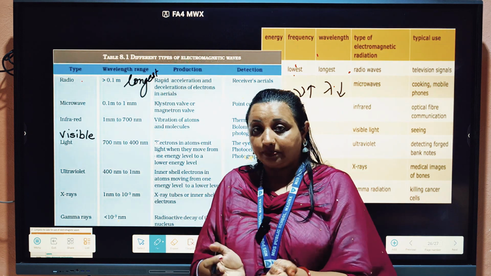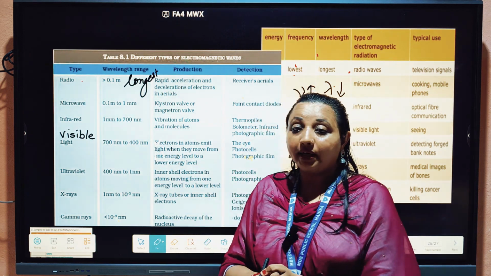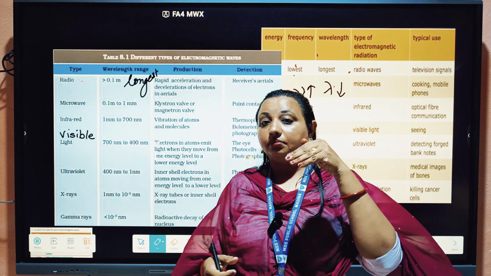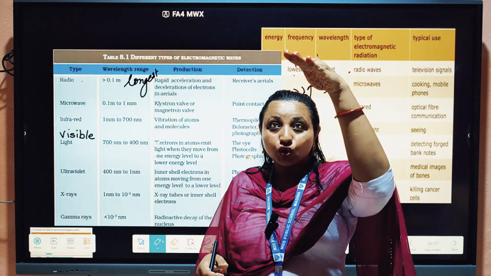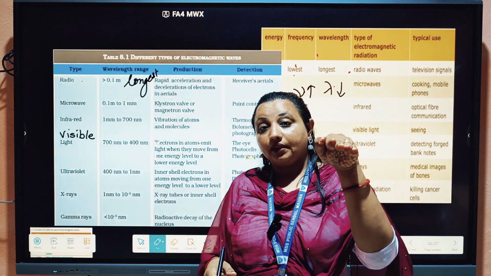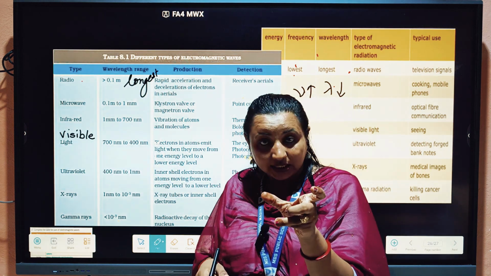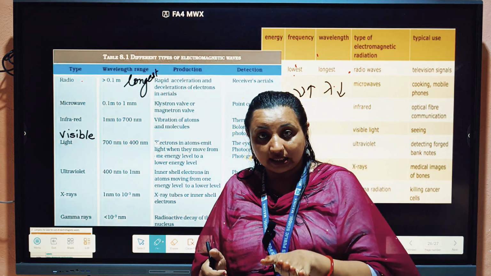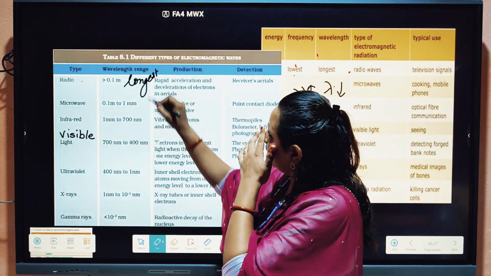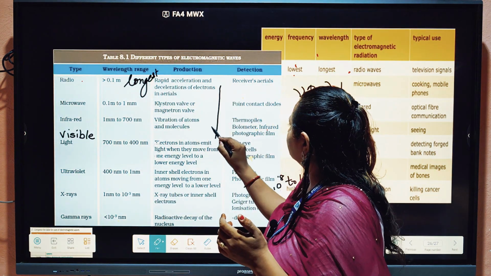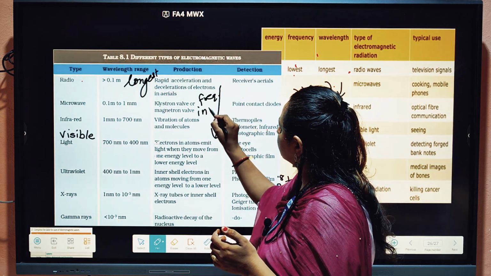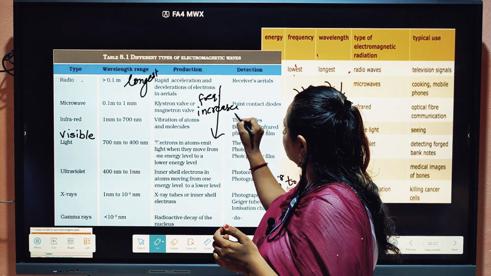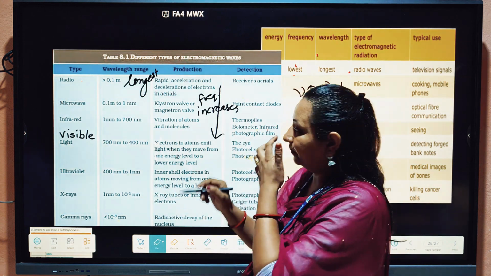This is a spectrum. How do you remember it? Start from radio waves and end at gamma. Radio waves have the lowest frequency. As we go down, the frequency increases, right? And what about wavelength?